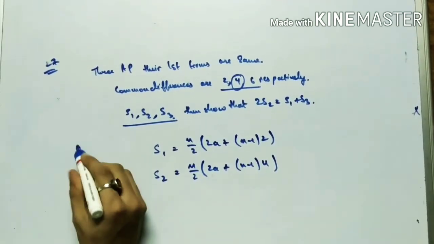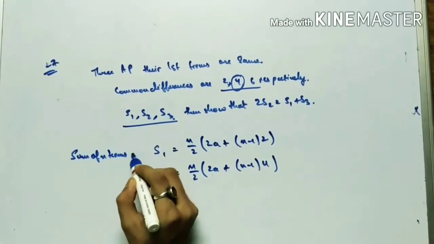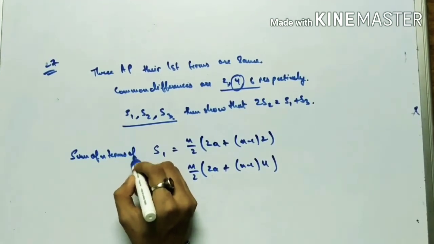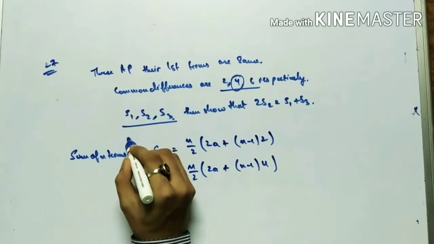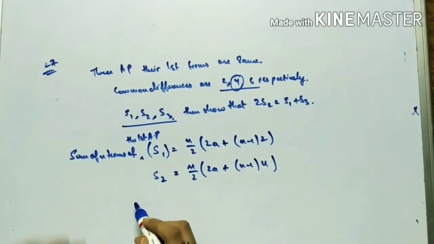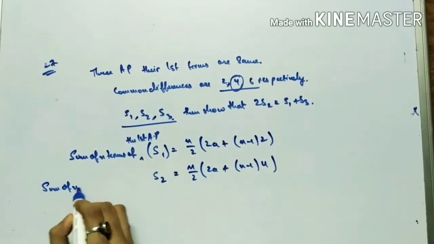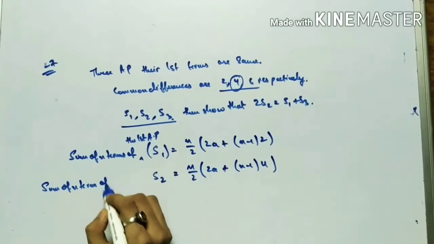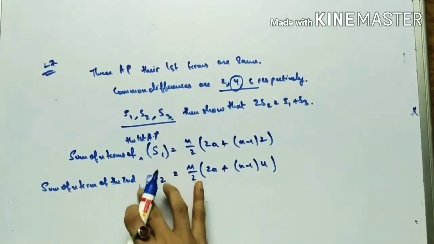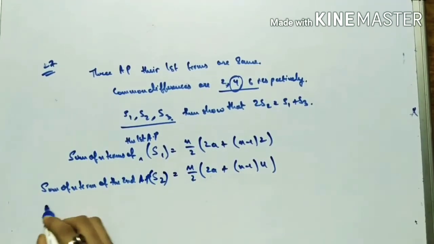This one you can write: sum of n terms of the first AP, this is S1. Then next, sum of n terms of the second AP, this is S2.